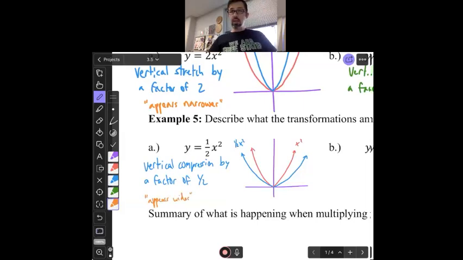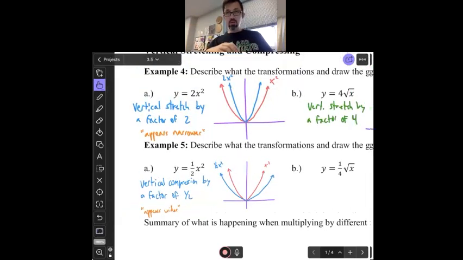So if we use that same analogy, right, silly putty, if we take a piece of silly putty and we stretch it vertically, you should notice that the middle of it gets thinner, right? And so as we stretch those graphs vertically, they appear to be narrower.